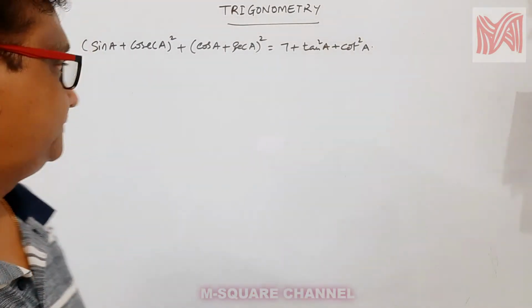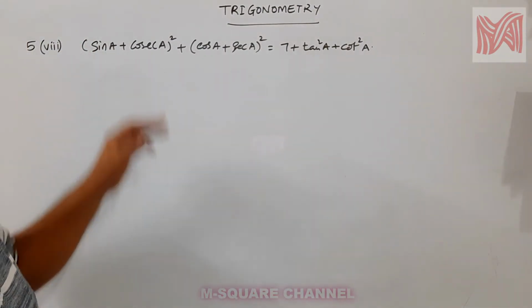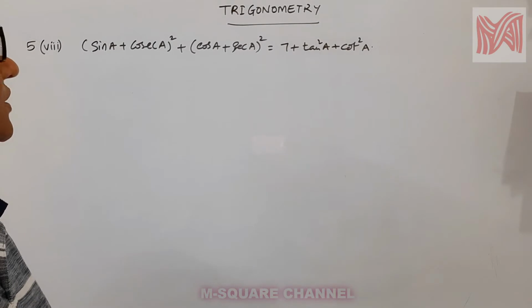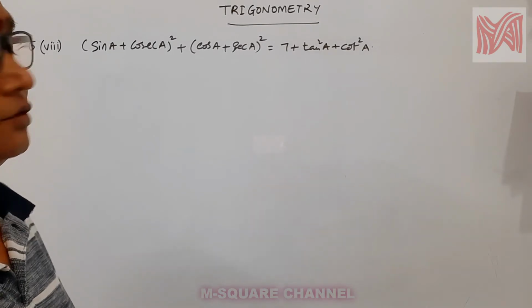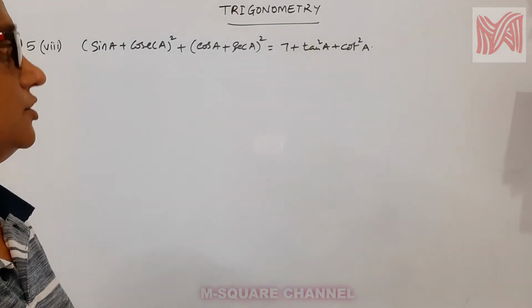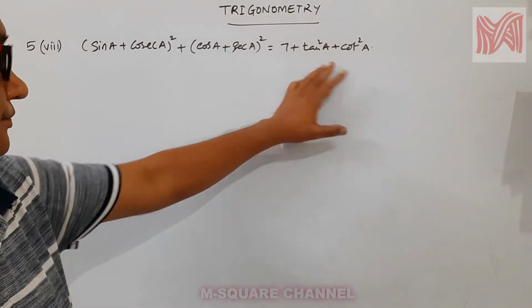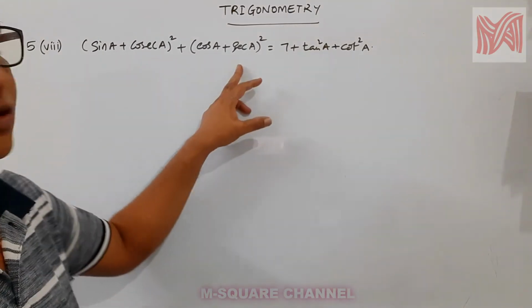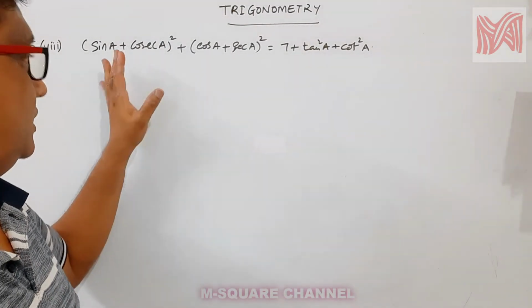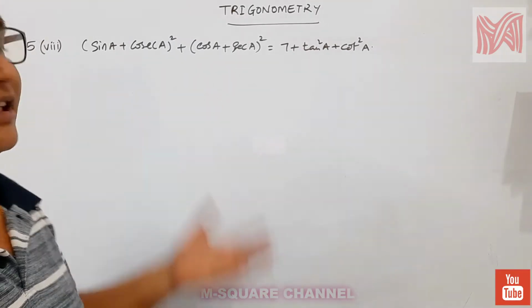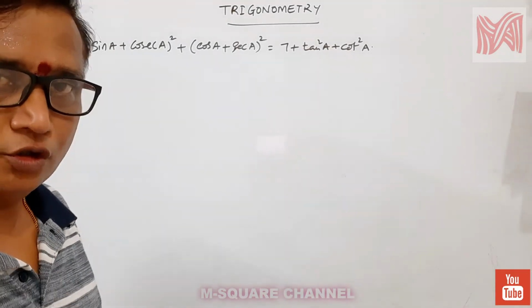In this question: (sin A plus cosecant A) whole square plus (cos A plus secant A) whole square equal to 7 plus tan square A plus cot square A. Here, while you are taking these two, convert directly, taking it as (a plus b) whole square.